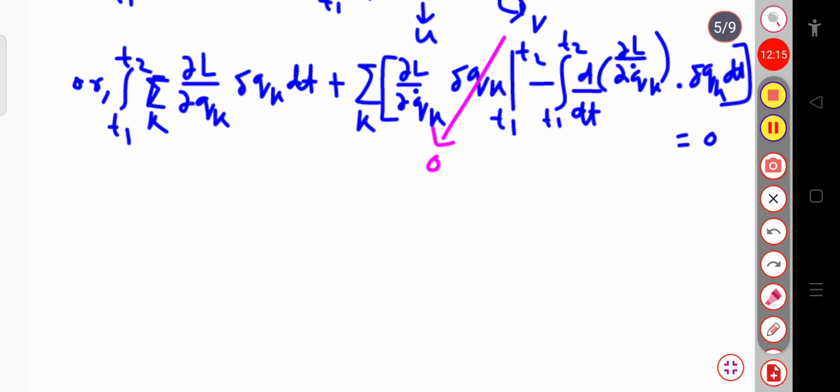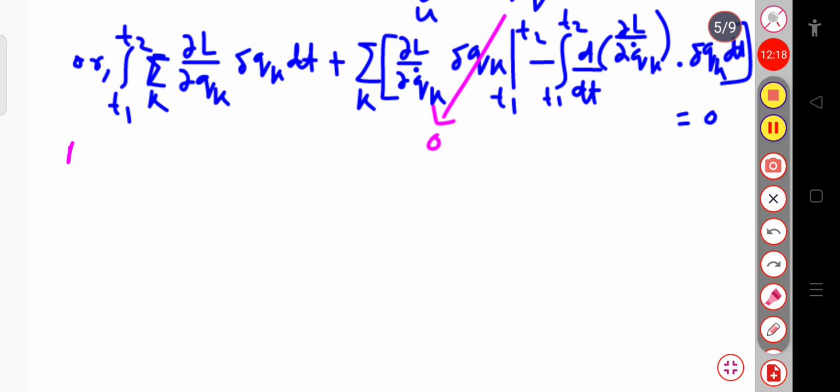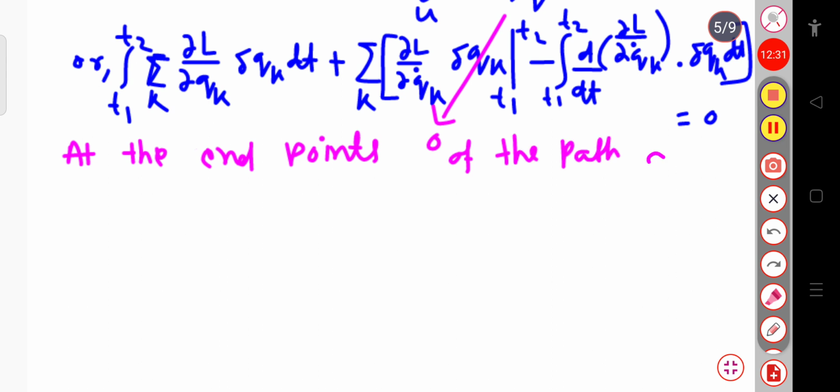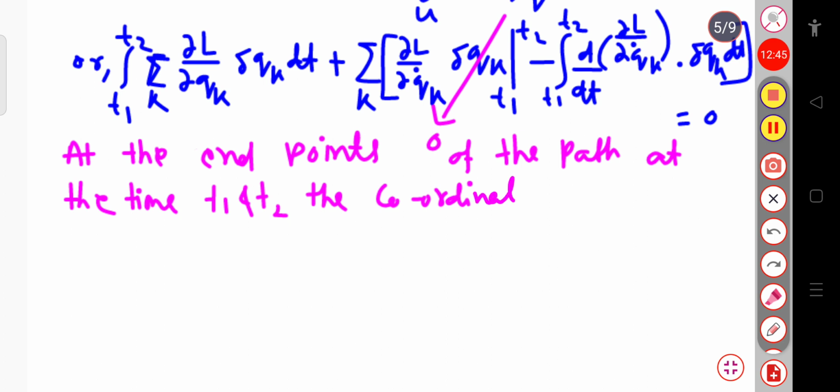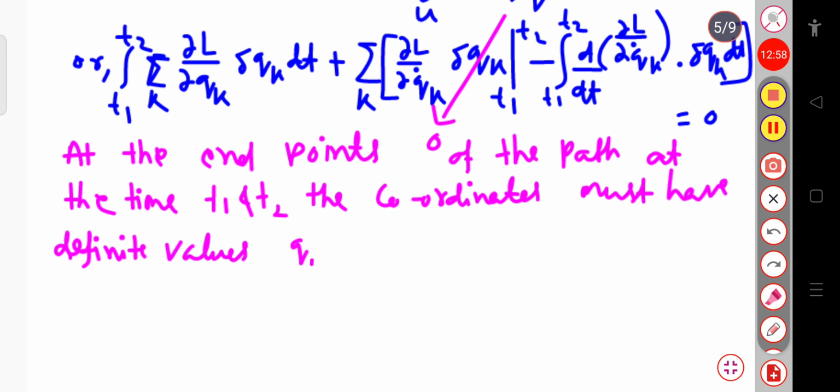Why? Because at the end points of the path, at the time T1 and T2, the coordinates must have definite values, that is QK of T1 and QK of T2 respectively.